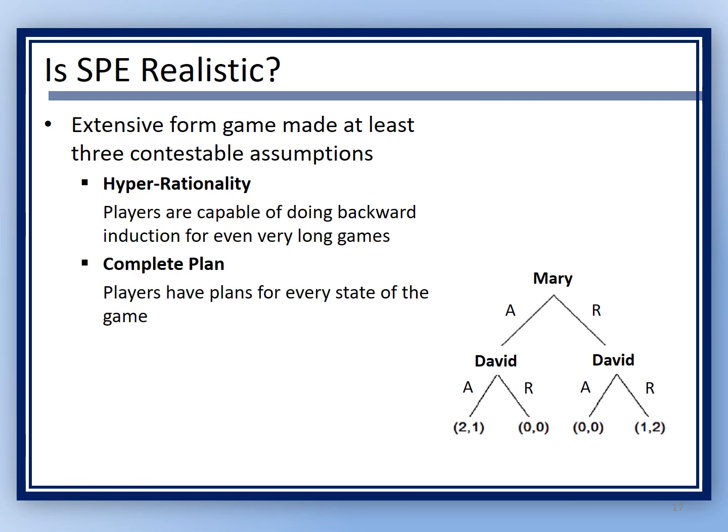Second, complete plan. Players are required to have a plan for every possible scenario. Now let me ask you, what's your plan if there's an earthquake in Hong Kong in the next 5 minutes? No plan, right? Is the chance of Hong Kong having an earthquake in the next 5 minutes 0? No, the chance is very small.